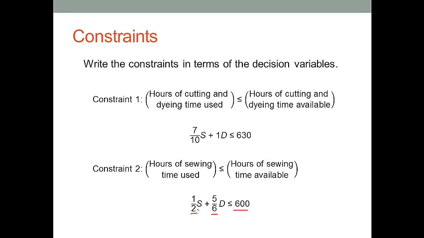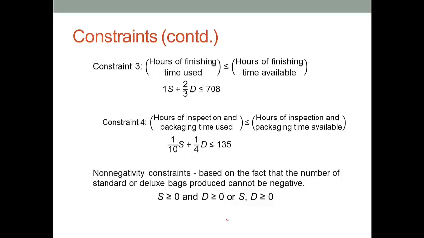If we want to manufacture this many standard bags and this many deluxe bags, the total hours combined must be less than or equal to 600. We can use the same strategy to establish the constraint equations for the finishing department and the inspection and packaging department. Here we need to pay attention to some implicit constraints.